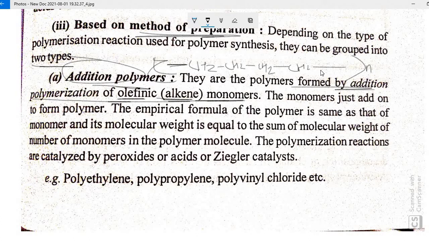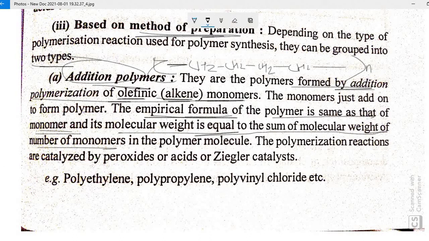CH2 then again CH2 again CH2. Due to this addition, the empirical formula of the polymer is same as that of the monomer and its molecular weight is equal to the sum of the molecular weights of the number of monomers.